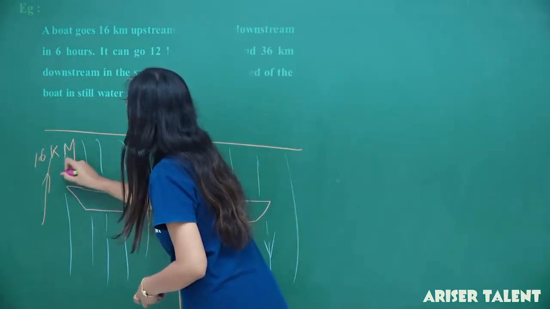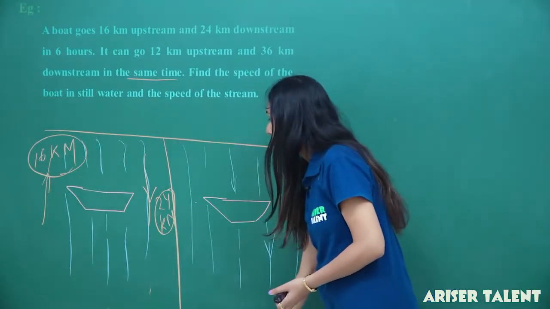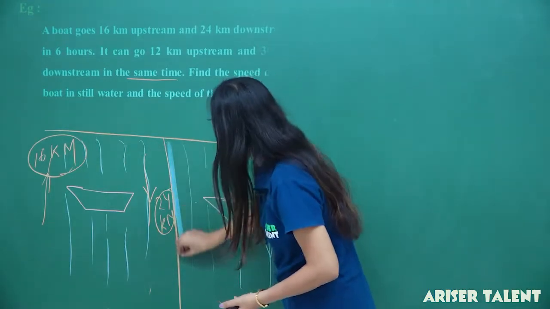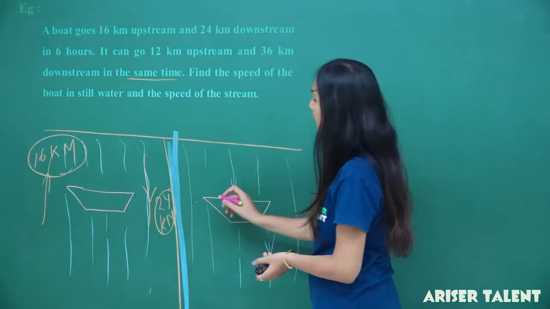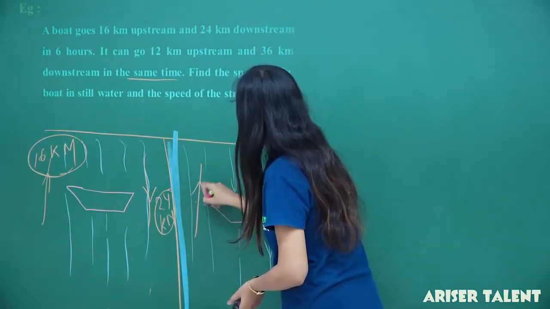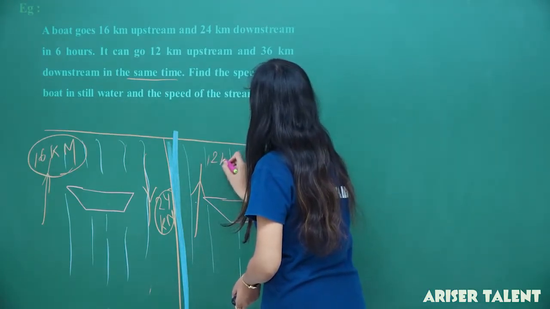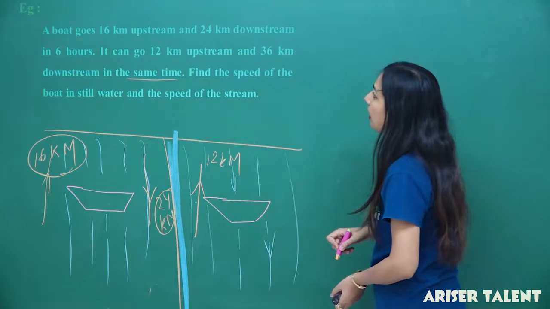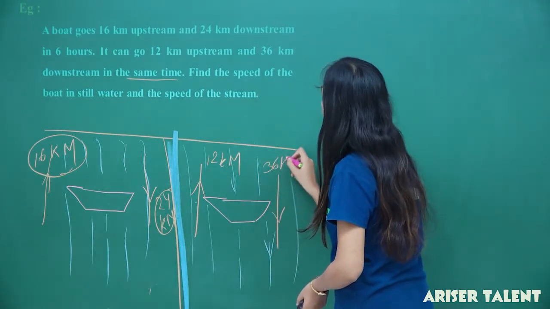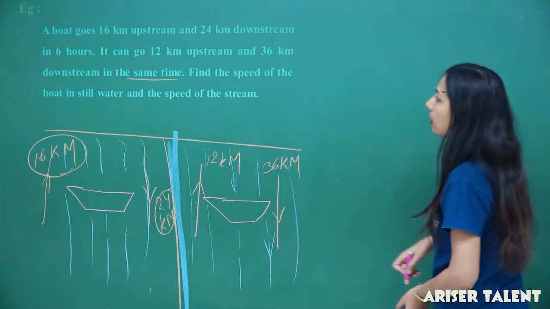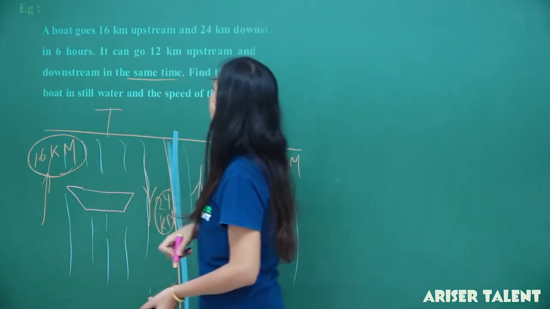This is one and this is two. Now, in the second case, upstream it's going 12 kilometers and downstream it's going 36 kilometers in the same time. So time is t here, time is t here.